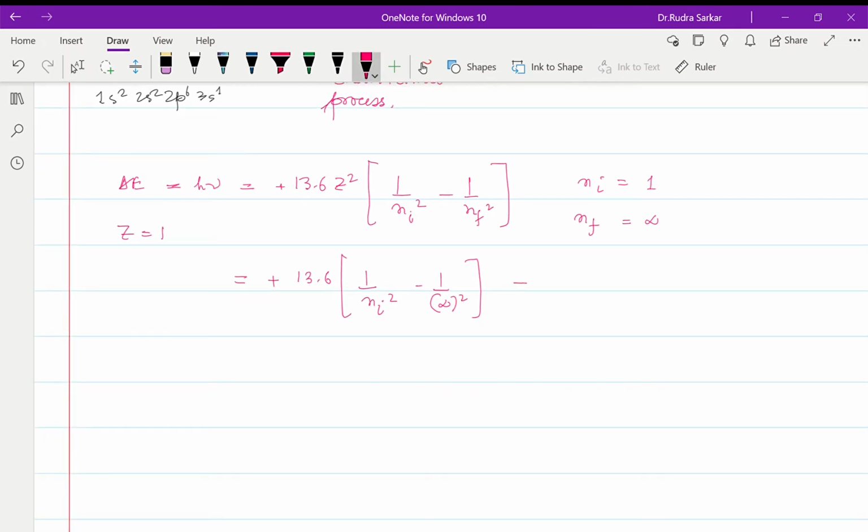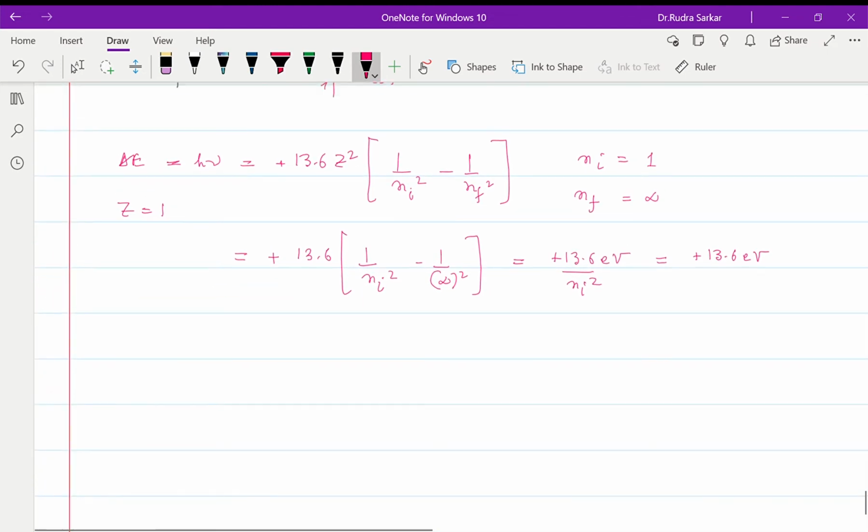So this thing now becomes plus 13.6 eV by Ni square. Can we write this? Yes sir. And since we know the value of Ni, Ni is equal to 1, so this becomes plus 13.6 eV. Everybody is agreeing? Yes.